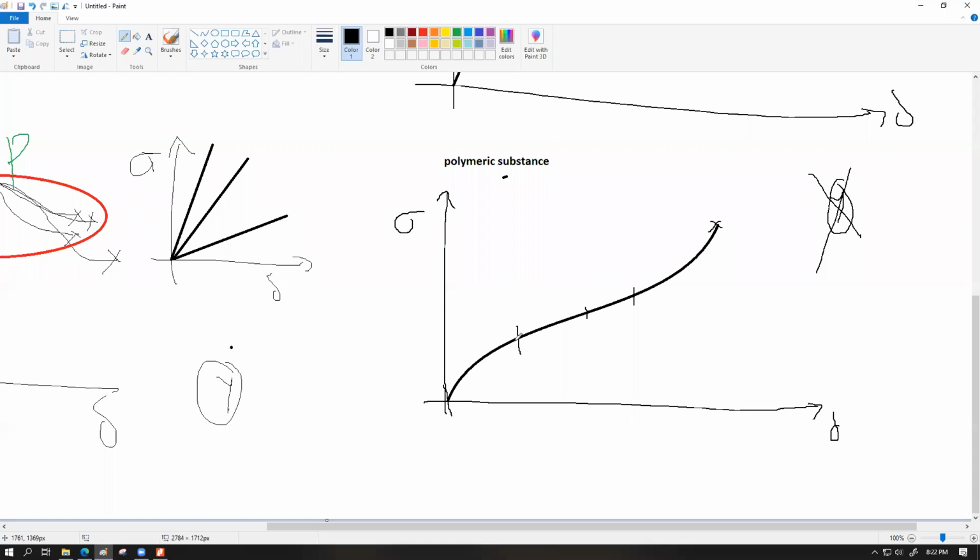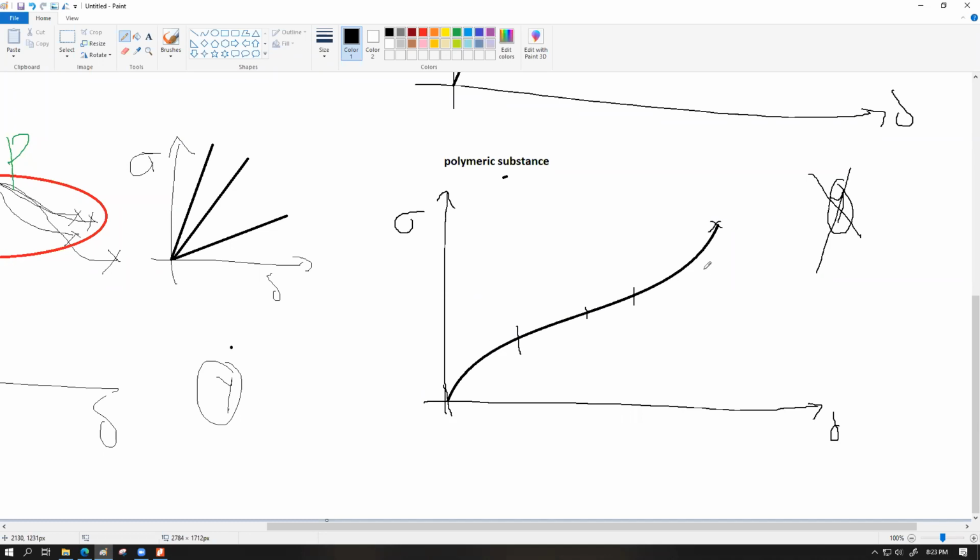As a result, their chest muscles or lungs have to undergo less effort to inflate the balloon with air. This is an easier way to make balloons fill up faster so that you stress yourself less. And somewhere over here, it will break off. So that is the basic idea of the polymer substances testing graph.